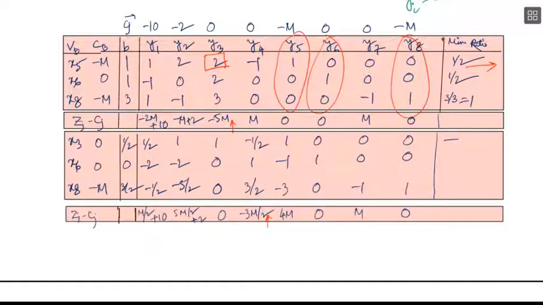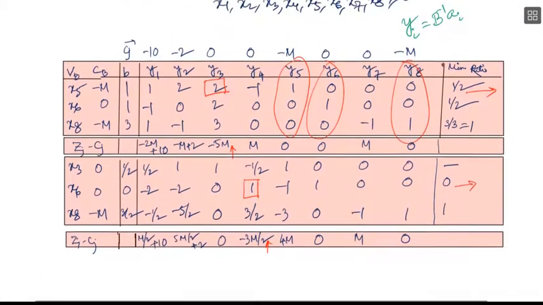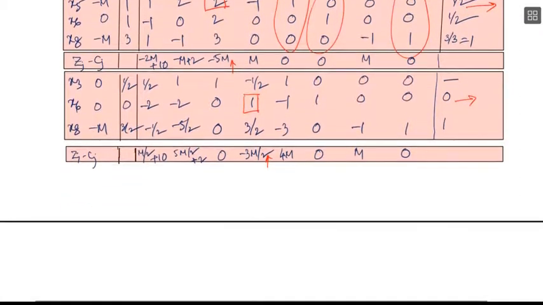The second ratio is 0 by 1, that is 0, and the third ratio is 1, minimum is 0, which corresponds to the variable x6 and it will leave the basis, and 1 is the new key element. We proceed to the next table.